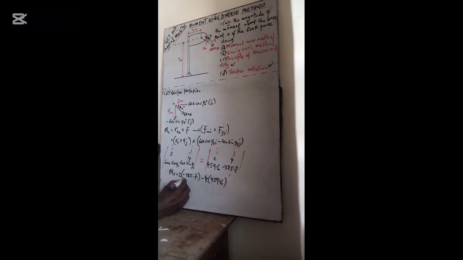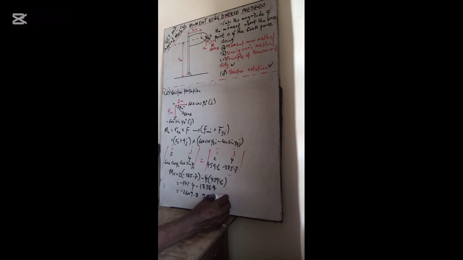I have minus 771.4. Then we have minus 1838.4. So what do we have here? We are having minus 2609.8, which is approximately minus 2610.